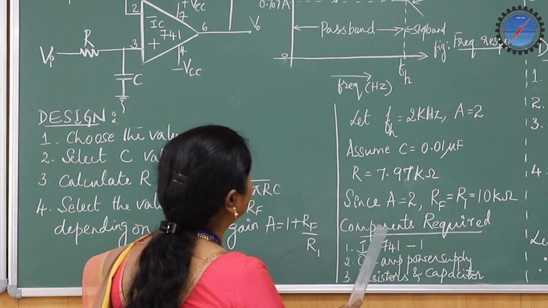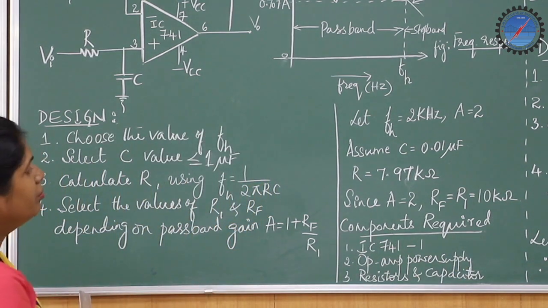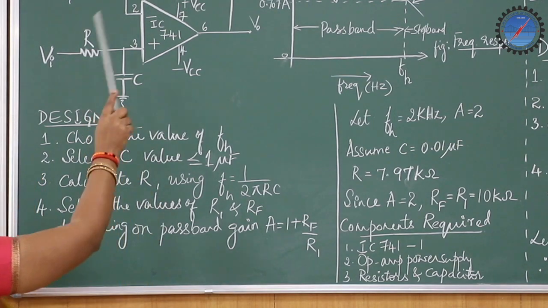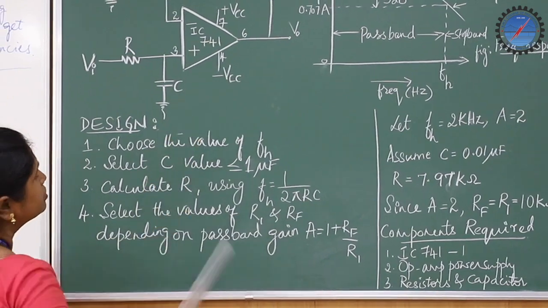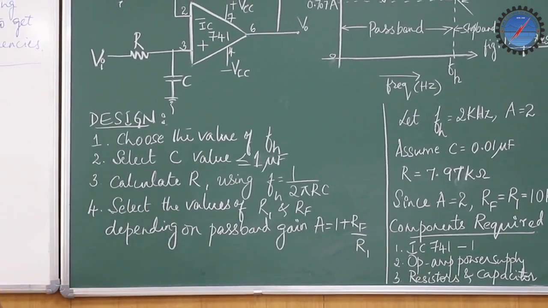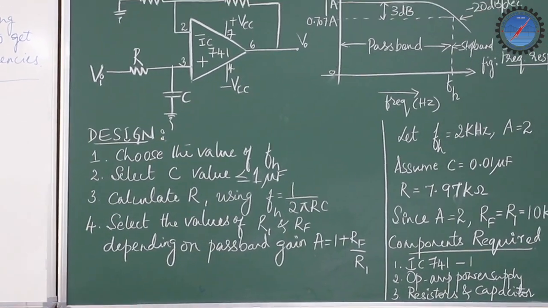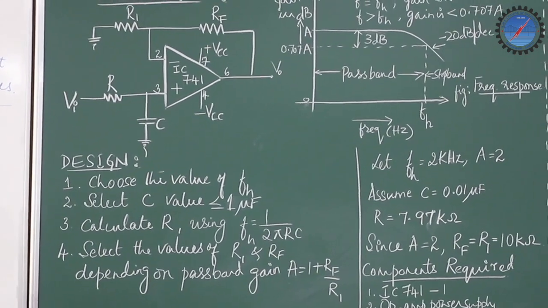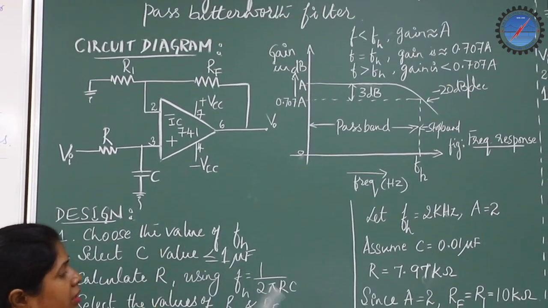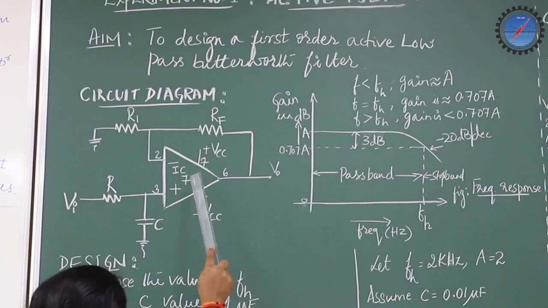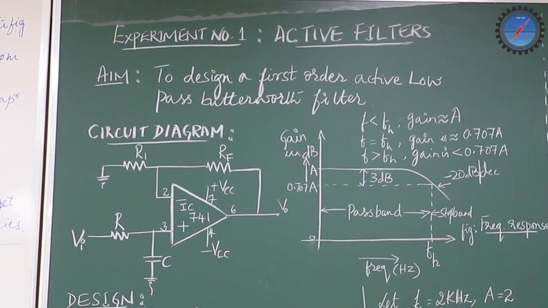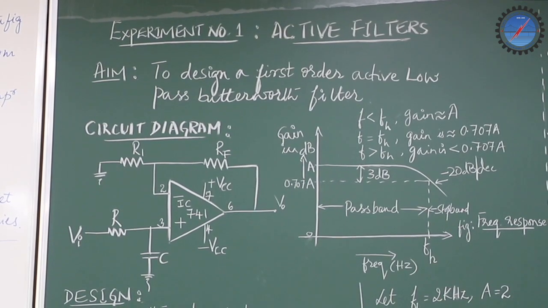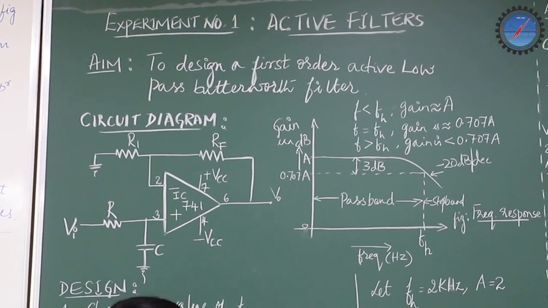And the components required. As per this circuit, we need one operational amplifier, so we can use IC741 or MUI741 or LM741. So we need one IC, and then we need a dual power supply to power up the operational amplifier, so one op-amp power supply.